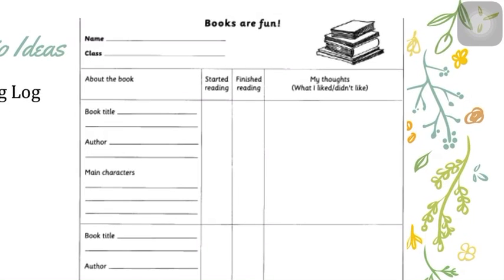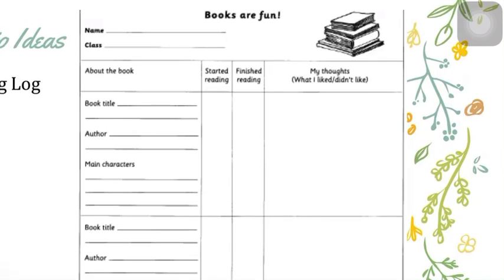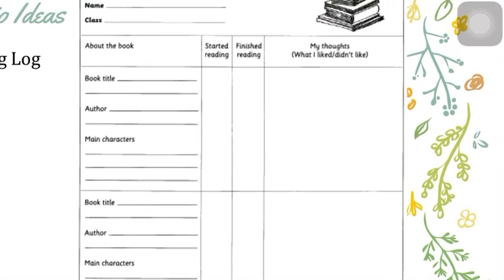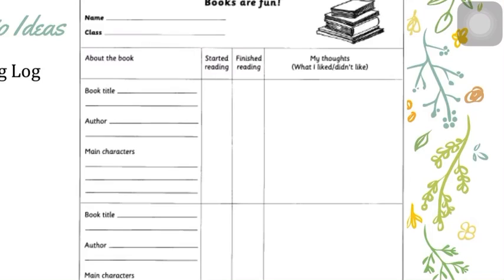I think like the first one, there will be name and class, and then about the book: the book title, author, main characters, started reading. I think this is for the date, and then finish reading. I think we can see how many days or how many weeks the students need to read a book.